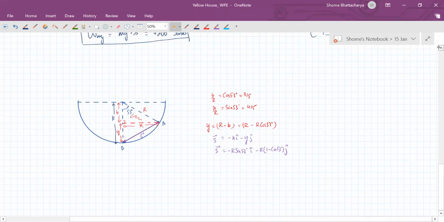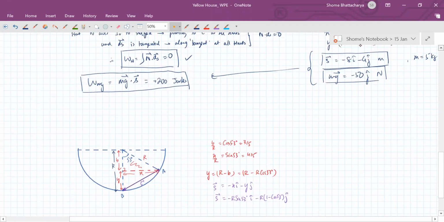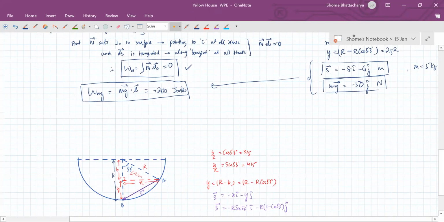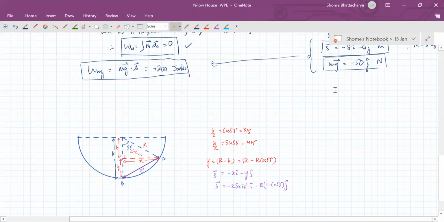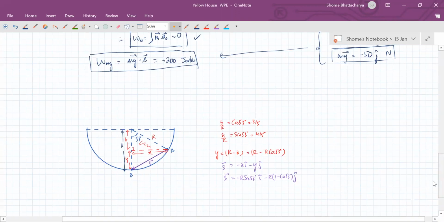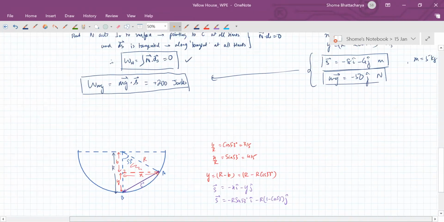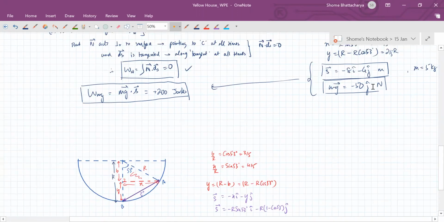Is it clear now? Actually, you don't even need to calculate the x component because after the dot product, the x component will not be significant. It will be only the y component.